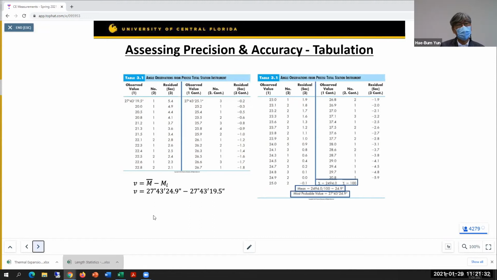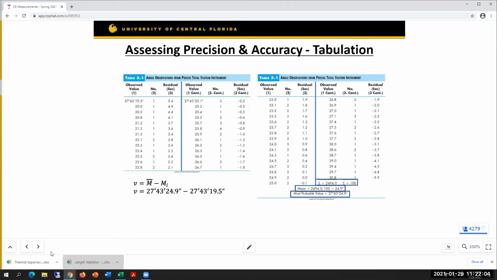But in the textbook, as I said earlier, the textbook author actually flipped this, so sample mean minus MI, to be consistent with the textbook table. Then V for the first one is 5.4, our sample mean minus this observation.